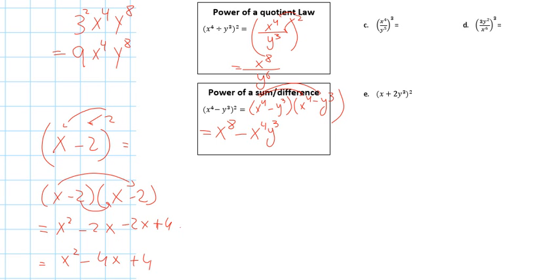How about negative y to the power of 3 times x to the power of 4? Doesn't matter if I write x first and then y second? It doesn't, because it's multiplication, right? So x to the power of 4, y to the power of 3. And then, what's negative y cubed times negative y cubed? Plus, because negative times negative is positive, y, if I add my exponent, it's going to be 6.